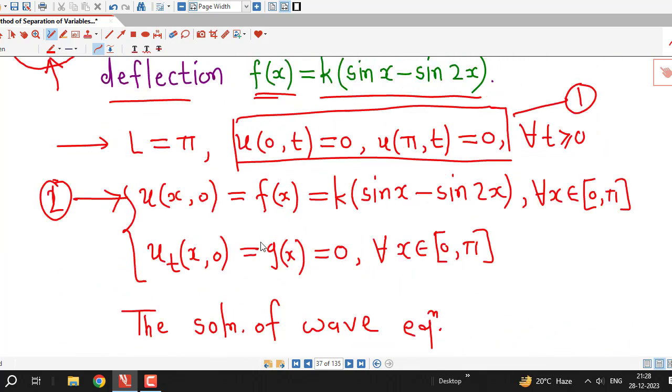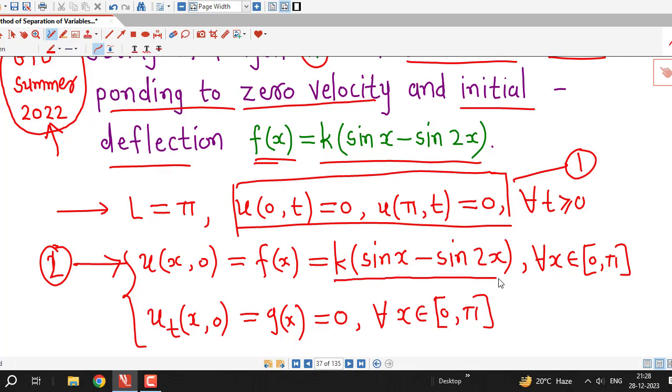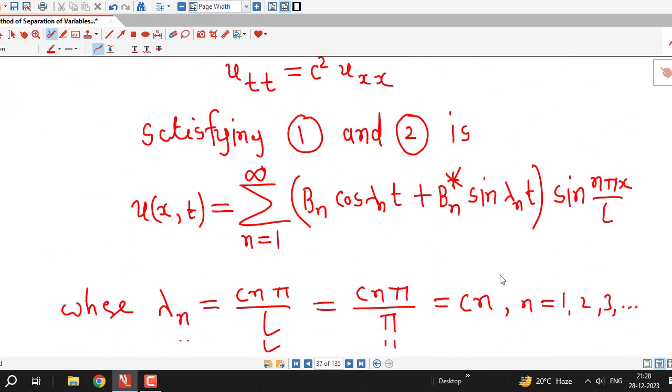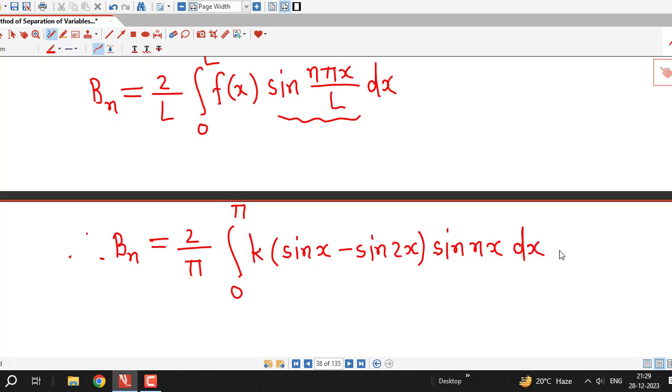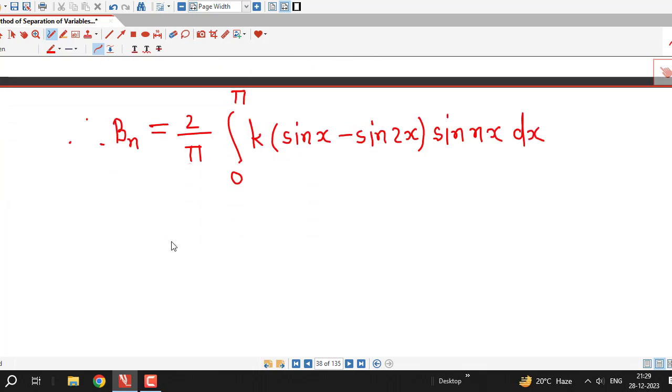f(x) is the initial deflection given by k times (sin x minus sin 2x). So here we write k times (sin x minus sin 2x), and if I take L equal to π, I will have sin(nx) integral with respect to x.